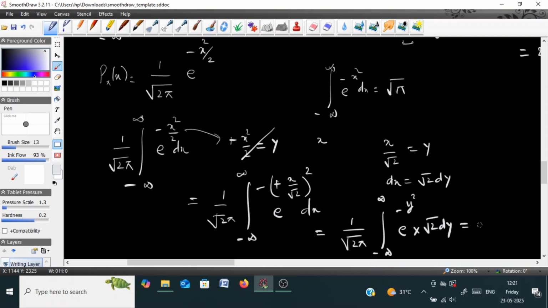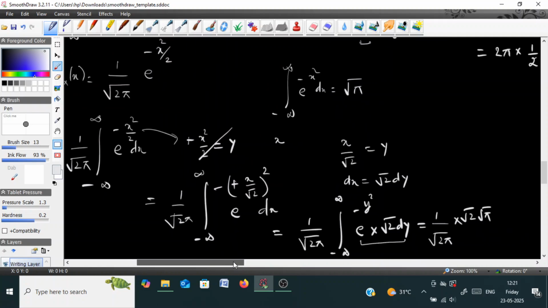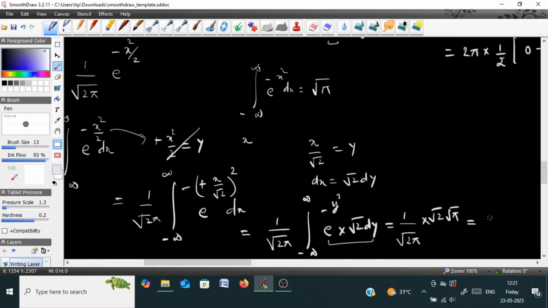So it will become 1 by under root 2 pi into root 2, and e raised to power minus y square dy, this will become under root of pi. So ultimately it gets cancelled and you get 1.